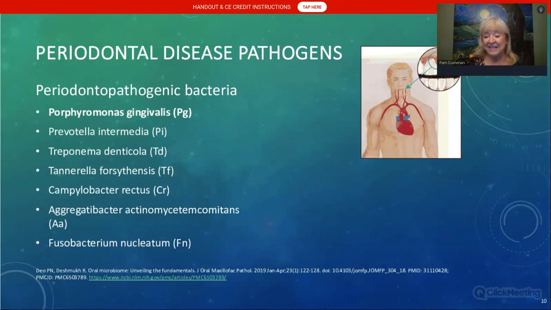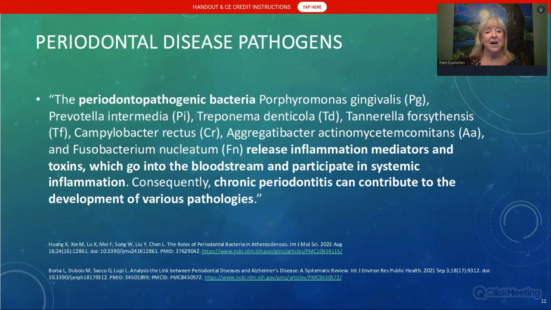That is FN. And again, you're going to see these throughout our presentation because they're being seen so often in direct relation to systemic inflammation and the negative consequences thereof. All right. When we look at these very bacteria that I just listed for you, the most important takeaway I want you to get is that these bacteria, when they are out of balance, actually release inflammation mediators and toxins.